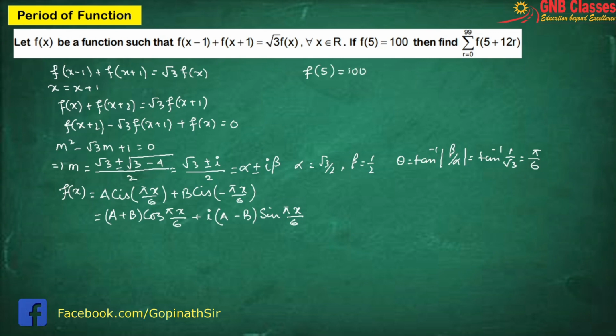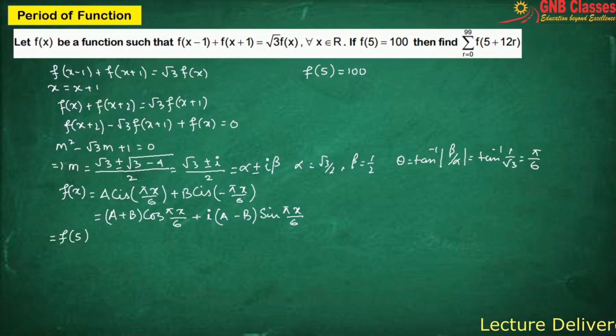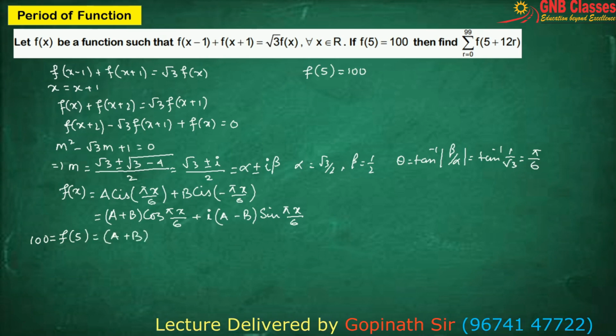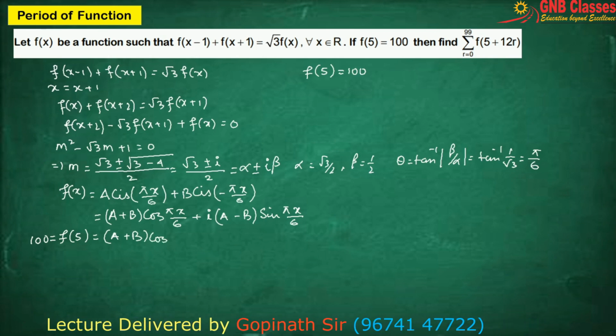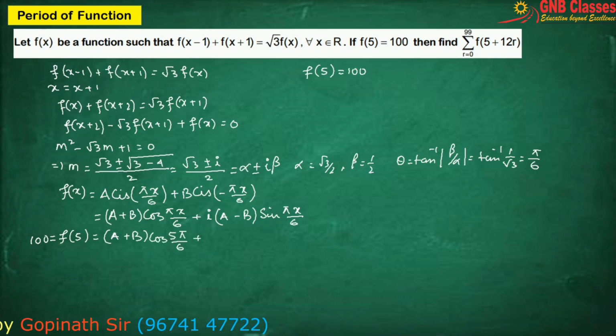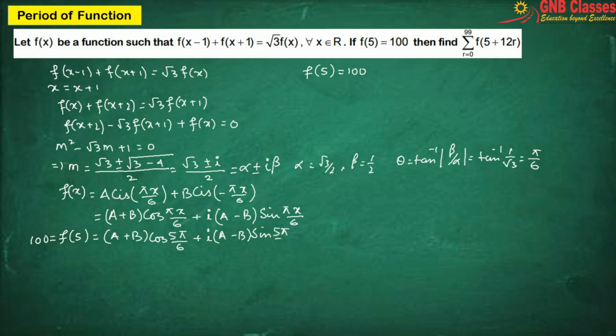So we can write f5, which equals 100, equals a plus b cos 5 pi by 6 plus iota a minus b sine 5 pi by 6.